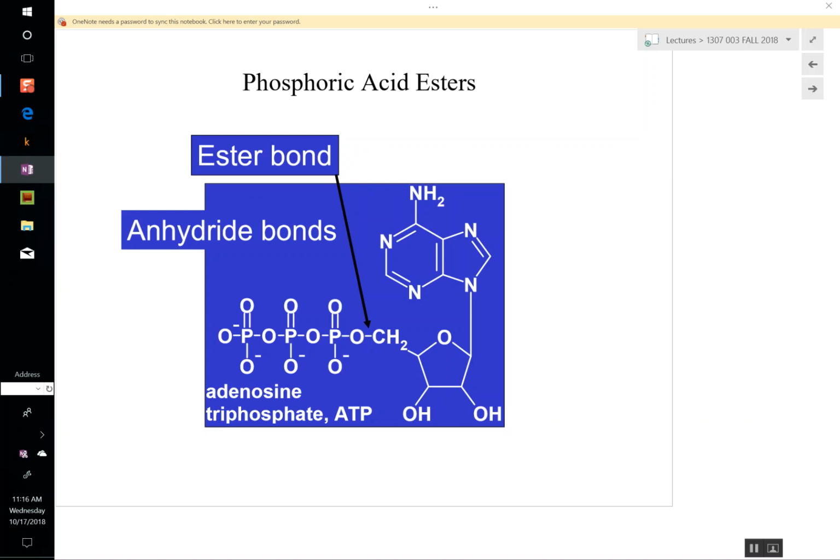This is what's floating around. The mitochondria make this. When your body needs energy, it breaks one of these bonds right here, and that releases a lot of energy. That's a high energy bond right there. You break that bond and it releases a lot of energy, and it becomes ADP. So when ATP gets converted into ADP, it releases a lot of energy.